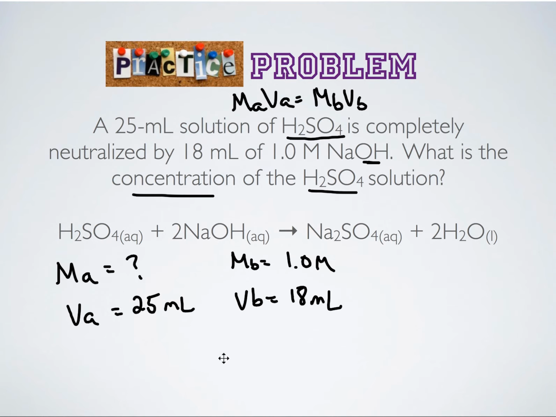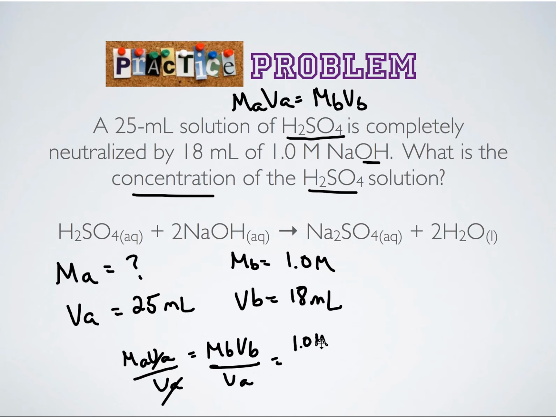That's Ma. So from my original equation, MaVa equals MbVb, I know that I need Ma by itself. So I divide both sides by Va. That cancels out. And now it's just a matter of plugging in the numbers.